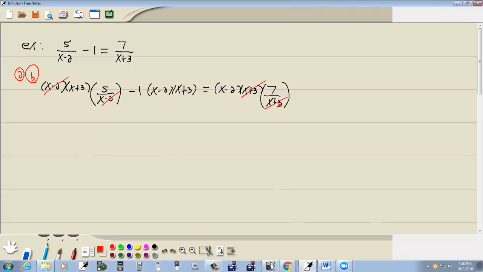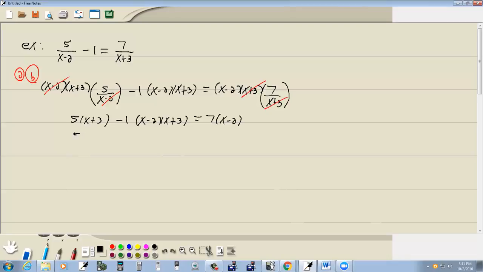These x plus 3's would cancel over here. And you notice that all your denominators are gone at this point. So you're left with 5 times x plus 3, minus 1 times x minus 2 times x plus 3, equals 7 times x minus 2. I'll take this a little bit further, but I won't take it very far. I'm really just showing the first part of this problem to show how you eliminate the fraction.